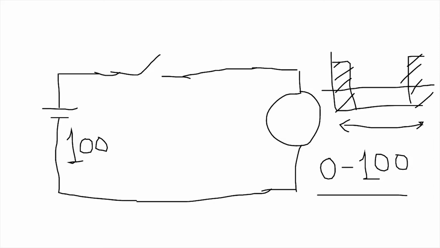Now let me go back to the model and try to connect with the different parts of the circuit. Why do we have four switches? You might have a question about why not only one switch. Only one switch cannot control the motor in both ways.